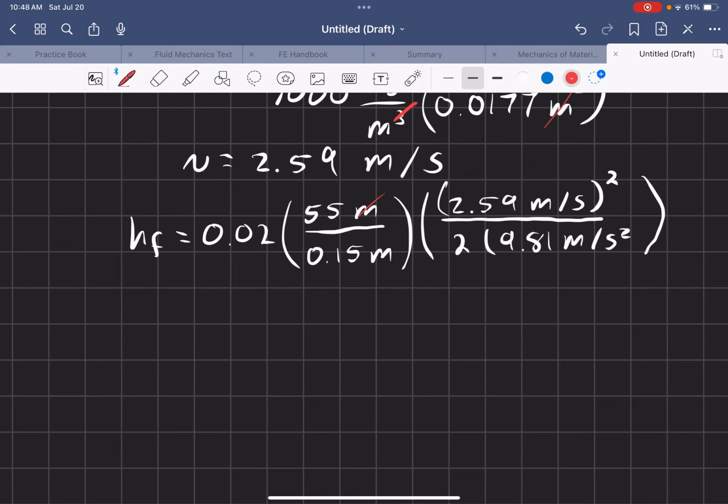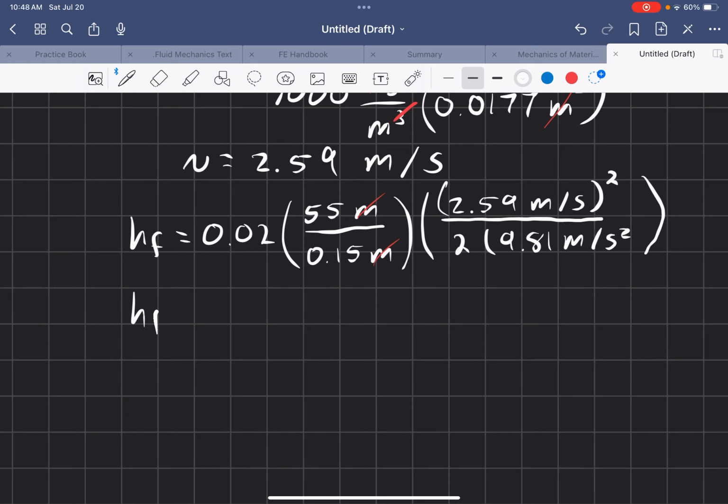And checking our units, we have meters squared per second squared divided by meters per second squared. So we're going to end up with just meters, which makes intuitive sense for head loss.